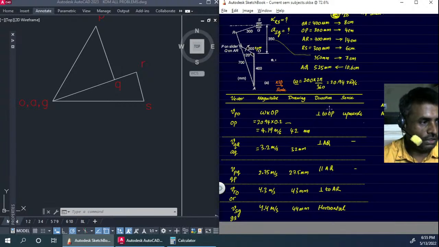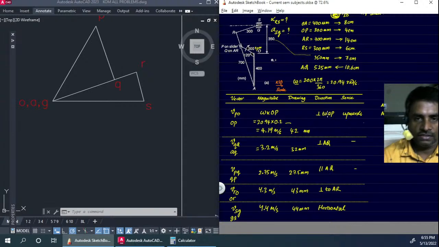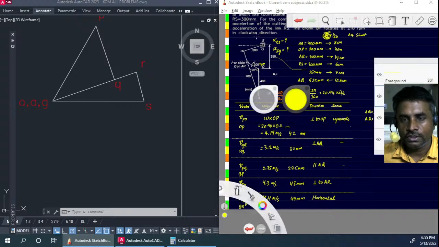Next we will have to go ahead and do the acceleration analysis, and the acceleration analysis is going to be much more complex compared to this. So let's go ahead and do it. First up, I'll have to take this diagram.